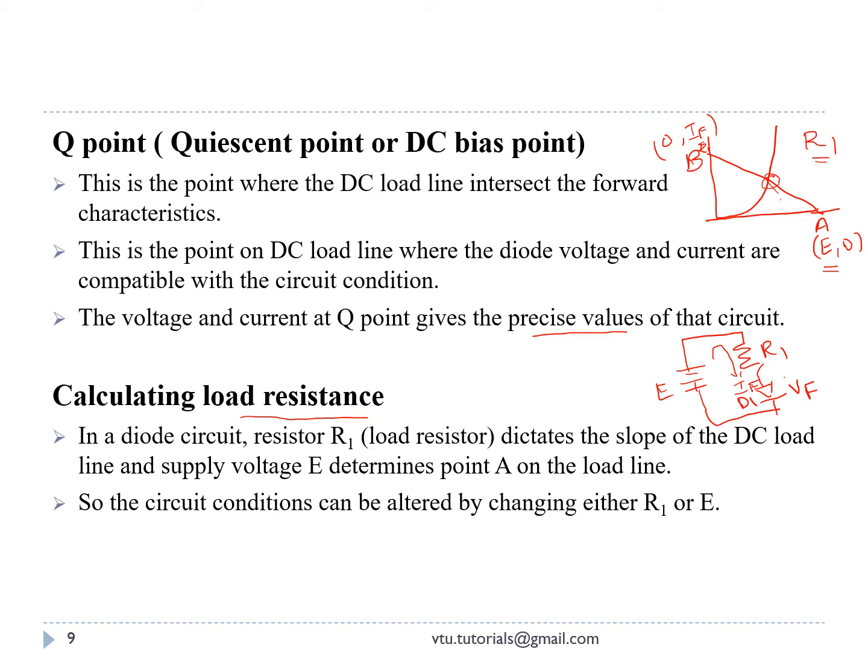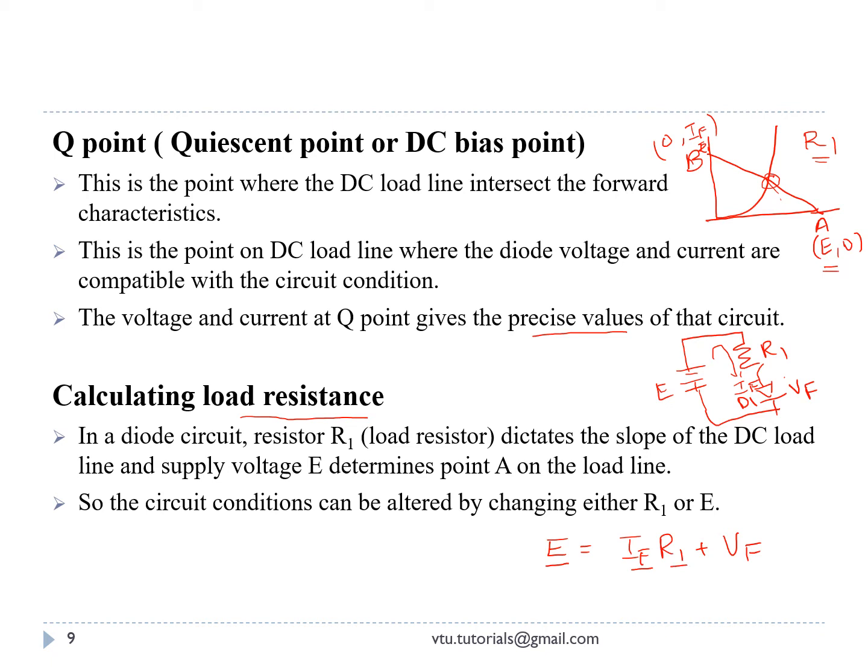For example, from Ohm's law, we have written the equation E is equal to If R1 plus Vf. So by varying the value of E, there will be a variation in If, or by varying R1, there will be a variation in If.